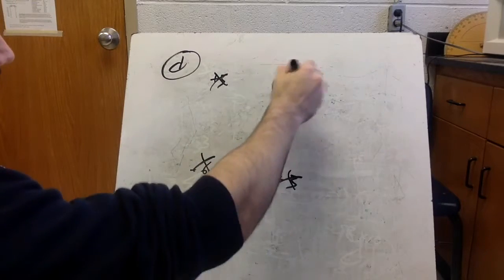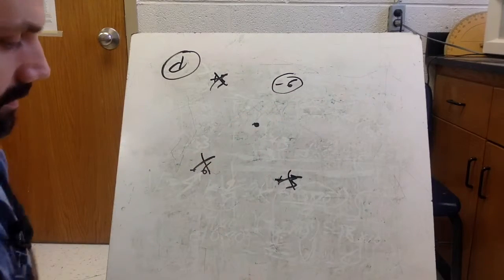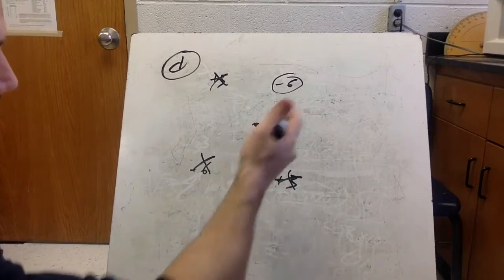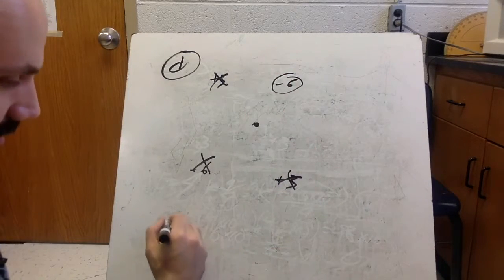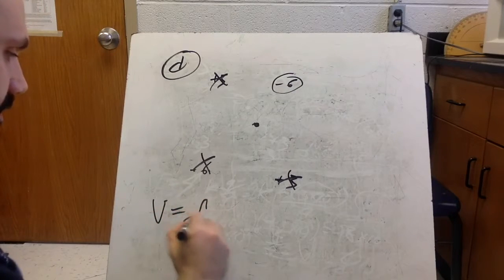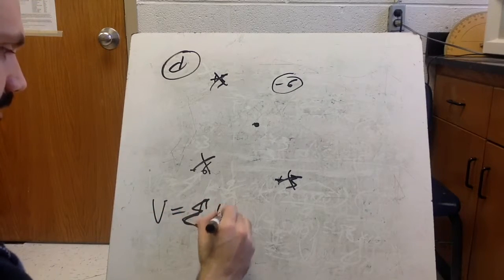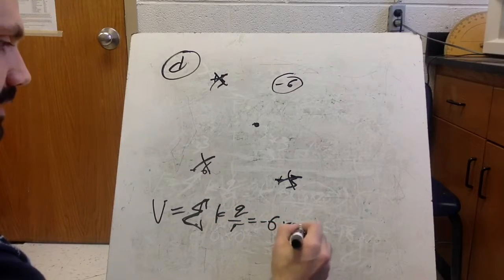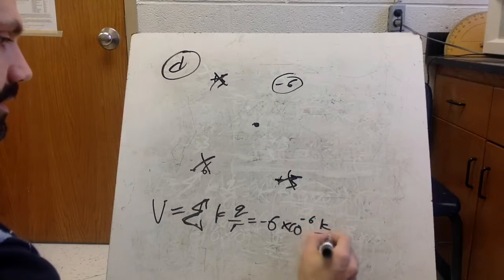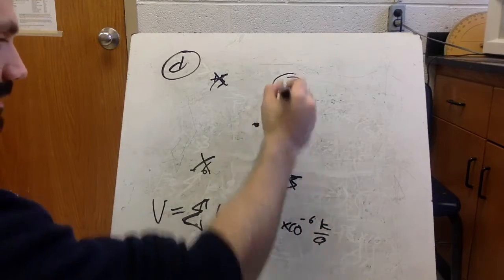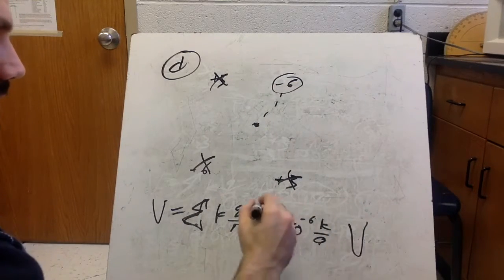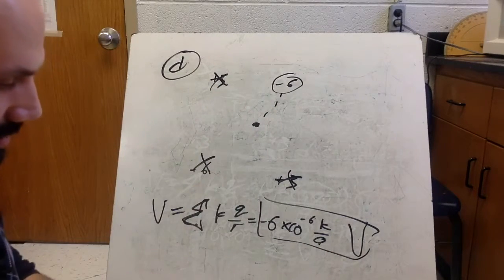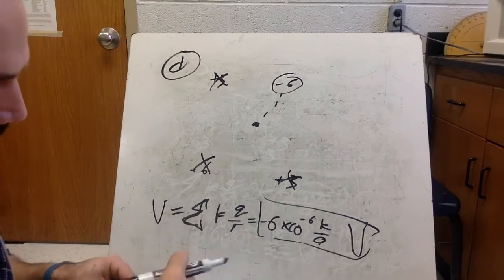And what we're left with is this one then, adding up in a scalar kind of way. And I get the same thing as before, except now it's negative. So V is the sum of KQ over R. So it's negative 6 times 10 to the negative 6th K over A. A is, again, that distance, volts. So that is the electric potential at that point due to these charges. All right.